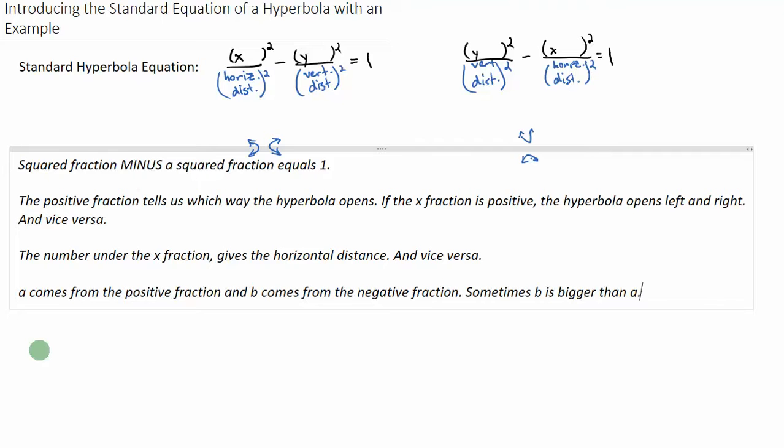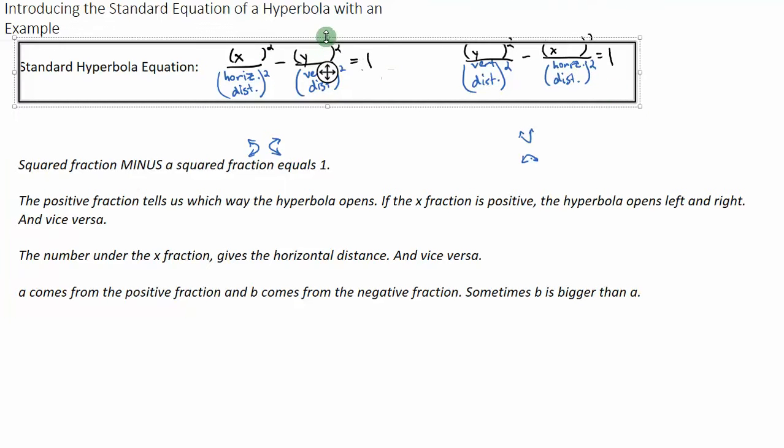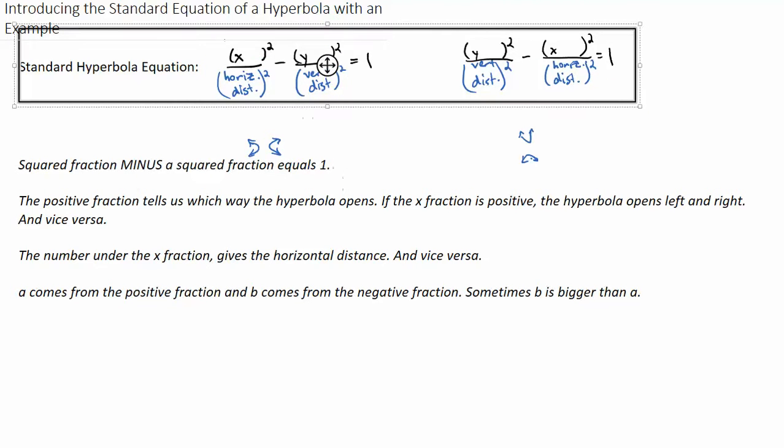So it doesn't matter which number is bigger. B could be bigger, a could be bigger. It depends on which fraction is positive. So this is the idea behind the standard equation of a hyperbola, very similar to that of an ellipse. You've got a minus here, and now a comes from the positive fraction, not the bigger denominator.